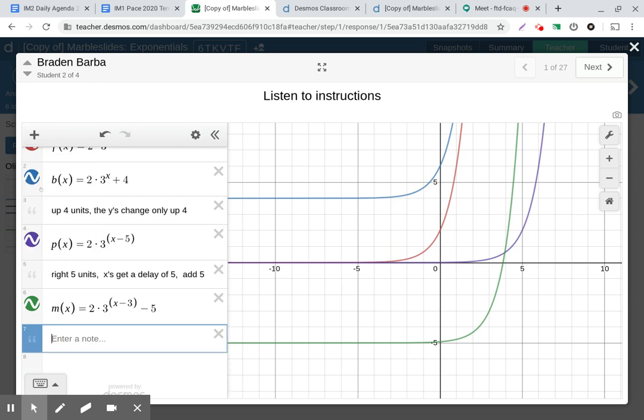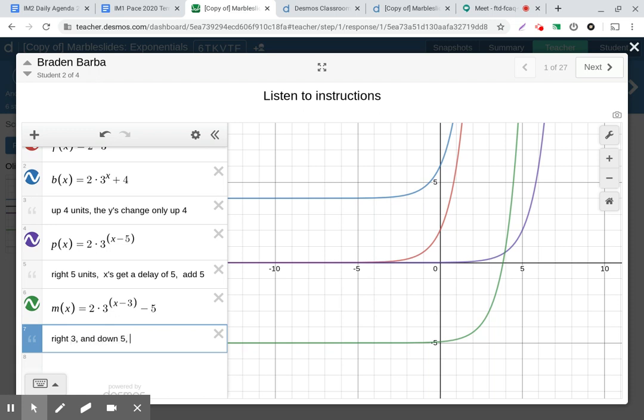And what are we gonna write on this one, Abby? I was just reading what you had already written. Sorry, that wasn't me answering it. Got it. What are we gonna write for the green one? I wrote down it moves to the right 3, moves down 5.